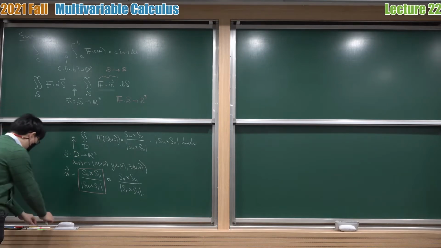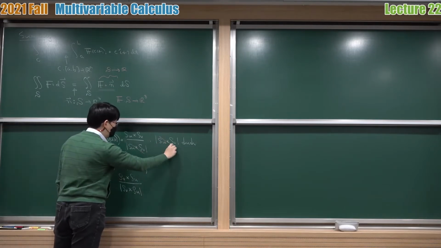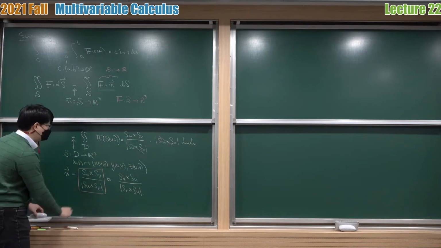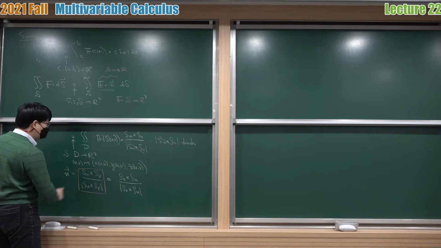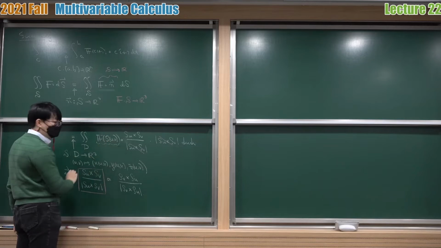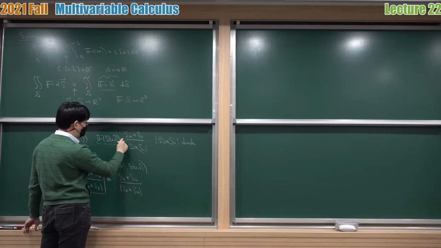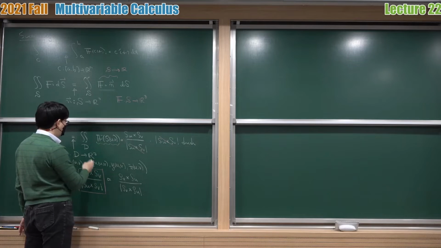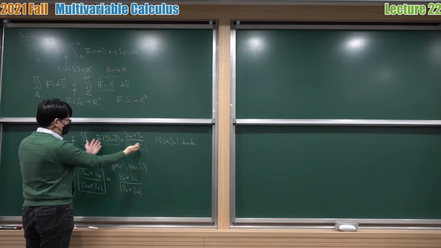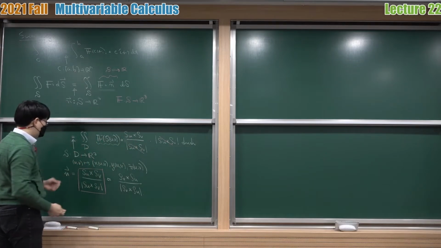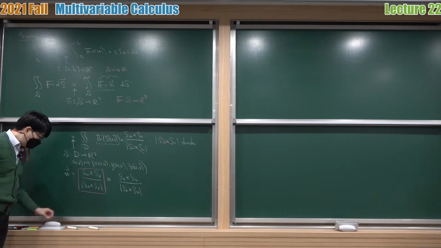So what we get is you cancel out these, and basically you simply compute these two variable functions, and then take the inner product and you integrate whatever that is in terms of uv over D. So that's your flux.